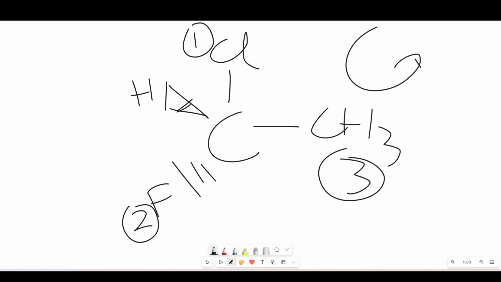So this is going counterclockwise again. So you would think S, but our fourth priority is a wedge. So our fourth priority is a wedge. That means this is going to receive an R configuration. So this is a different element. The last one was an S.